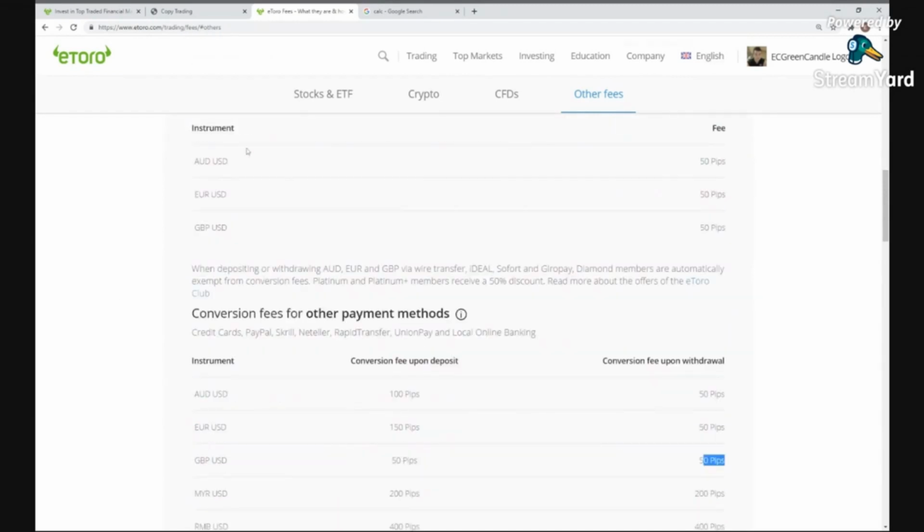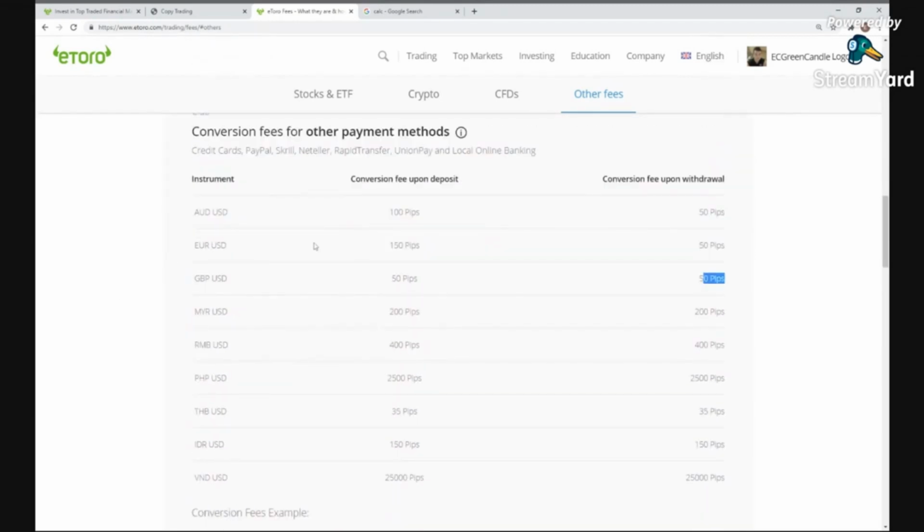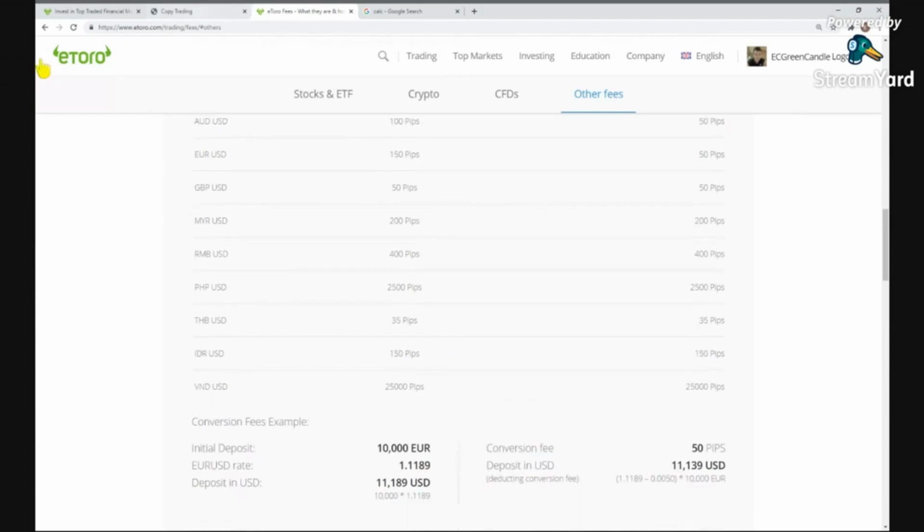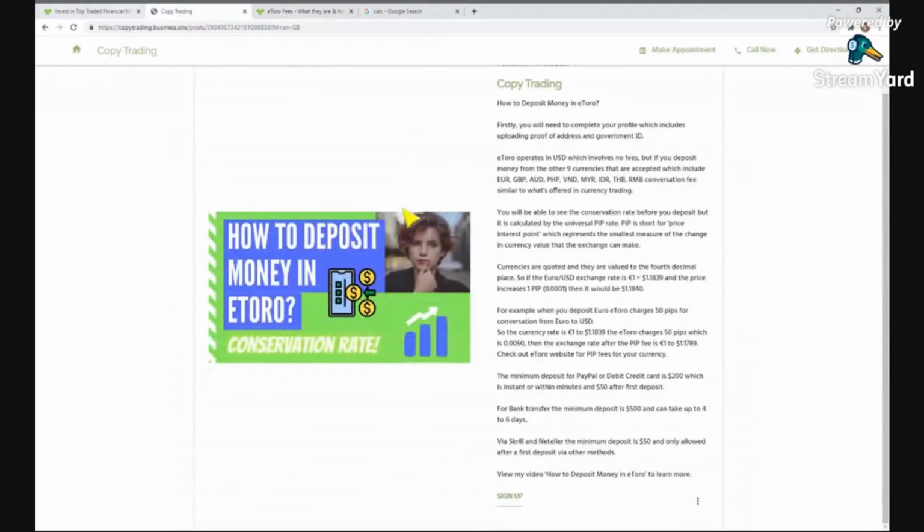It's automatically calculated in the system, but this will just give you an overview of how much is charged for the conversion fee. This is done through all currency trading. You'll see on all platforms that the charge is a pip fee. So you can check that out for your currency there. And it shows you an example at the bottom of how it's calculated.